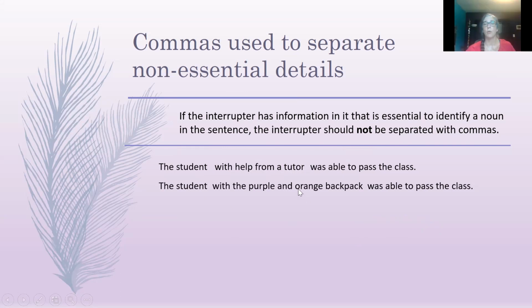And we need this information to know which student we're talking about, right? Right. So let's look at these interrupters. What about "with help from the tutor"? Does that identify the student we're talking about? No, it does not. And because it does not, we're going to separate that one with commas. But we are not going to separate "with the purple and orange backpack" because we need that information to identify which student we're talking about.